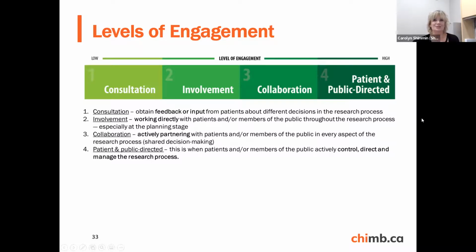And patients or members of the public will run the research advisory and steering group and may decide to carry out the research themselves. At this level of involvement, the role of the researcher a lot of times is either to train and support peer researchers, or else to conduct the research under the guidance and management of the community members.